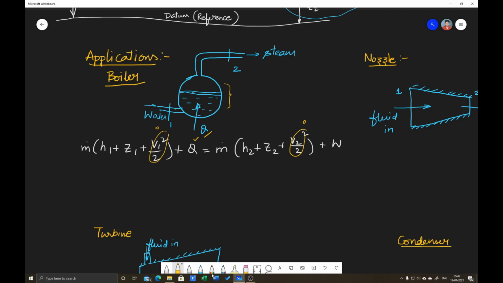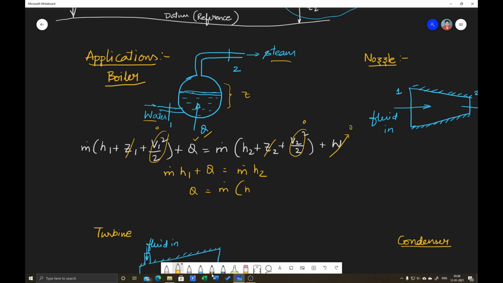Okay. Similarly, there is not much Z difference. That is why this is also cancelled out. And also the purpose of the boiler is to convert water into steam and not to produce any work. So there is no work also. This is also 0. Finally, you will get m dot into h1 plus Q is equal to m dot into h2.